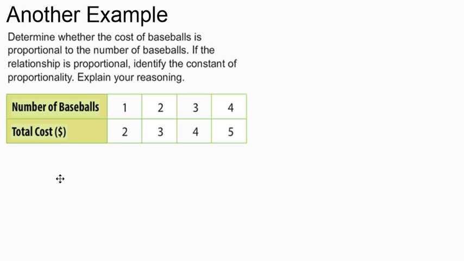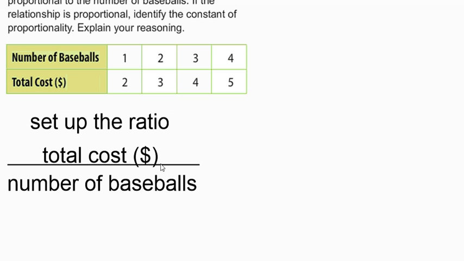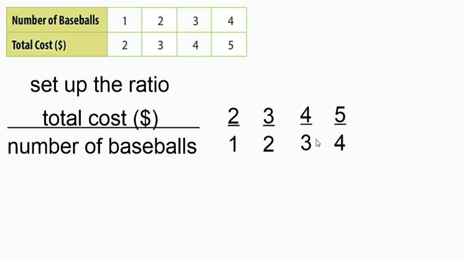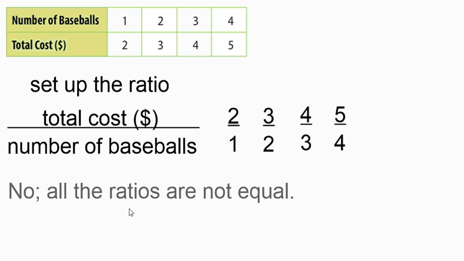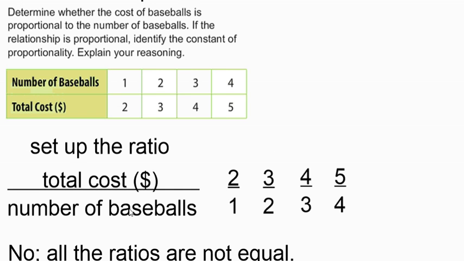So we set up the ratio, total cost over number of baseballs. So we're going to have 2 over 1, 3 over 2, 4 over 3, 5 over 4. And these are all in simplest form, so we can't simplify them anymore. So no, it's not proportional because all of the ratios are not equal. So we don't have to find a constant of proportionality.